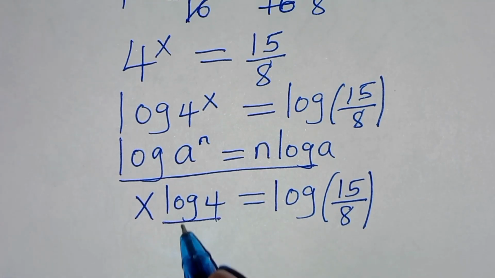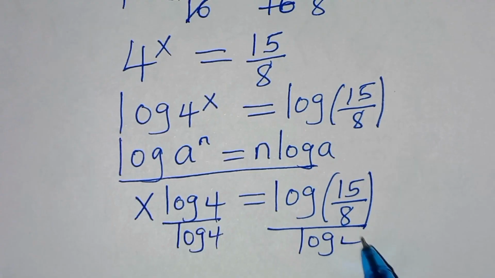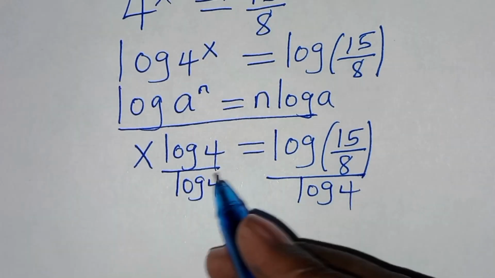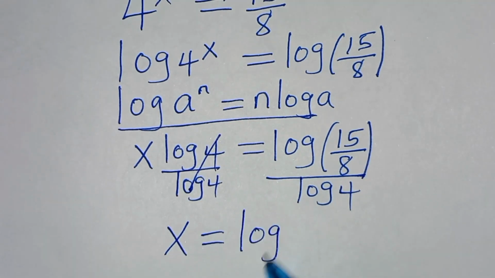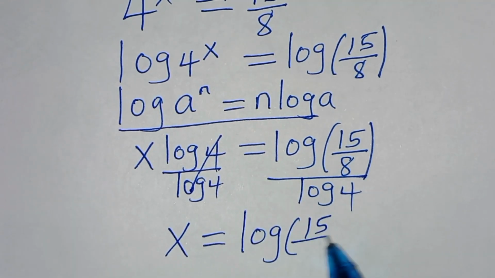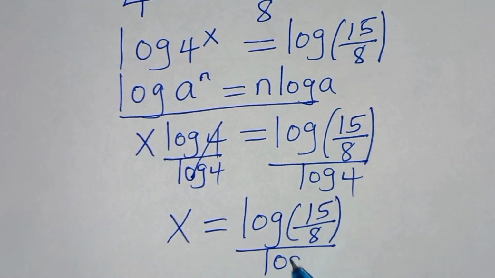So dividing both sides by log 4, that is x is equal to log 15 divided by 8, divided by log 4.